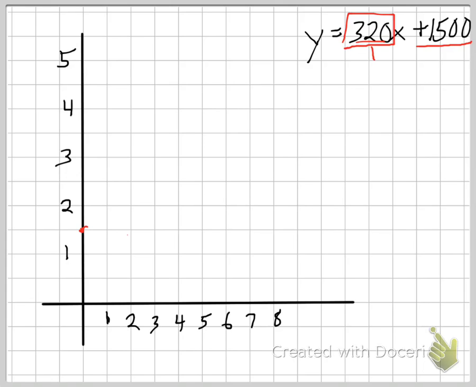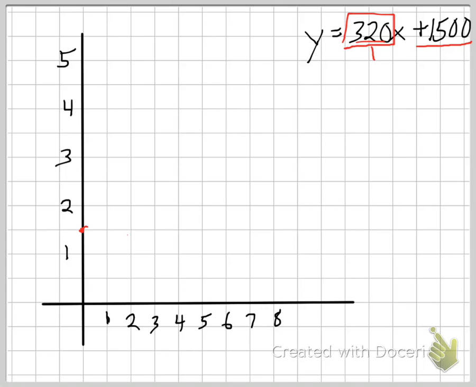Now, our slope is 320 over 1. So I'm going to rise 320 and run 1. Now, how much is this? Oh, that's 500. Each of these, since it's numbered every 1,000, but there's a space in between, each block is 500.